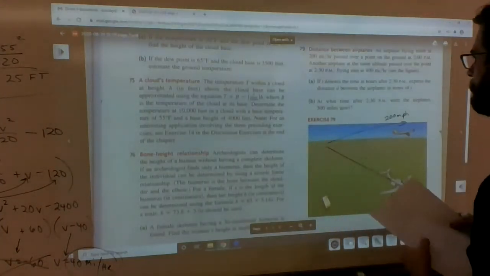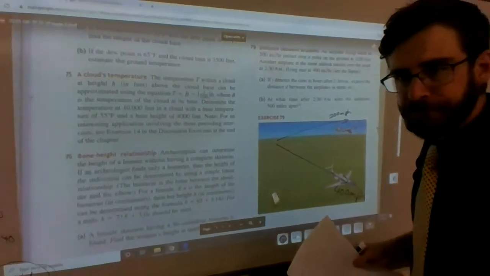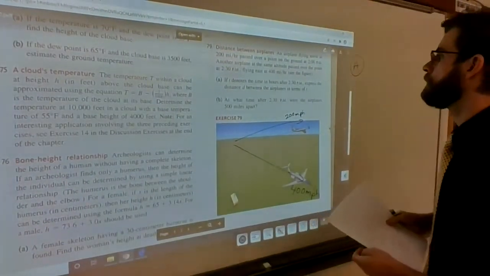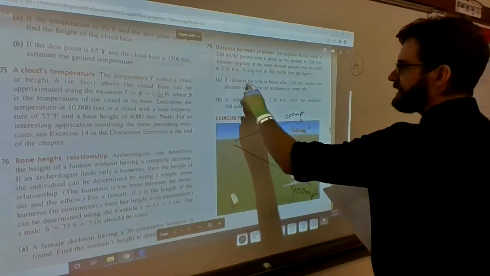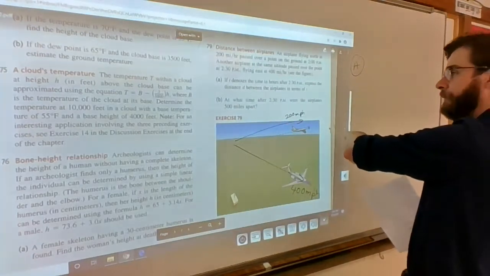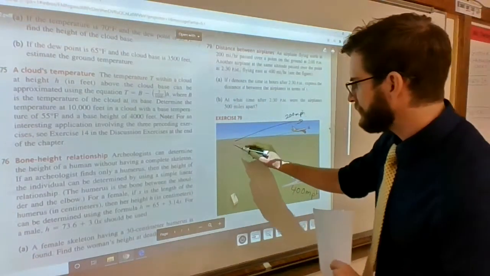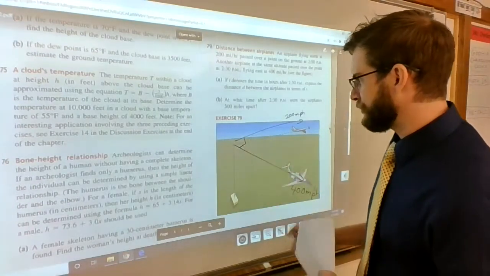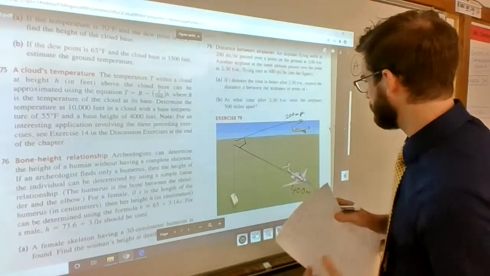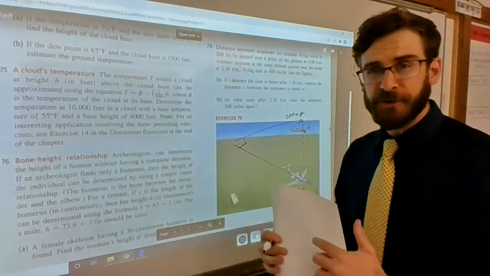They want to know, for part A on number 79, if T denotes the time in hours after 2:30 p.m., express the distance between the two planes. So this is kind of like a right angle that you have to be looking at from a different perspective. And this distance between the planes should just keep increasing and increasing.